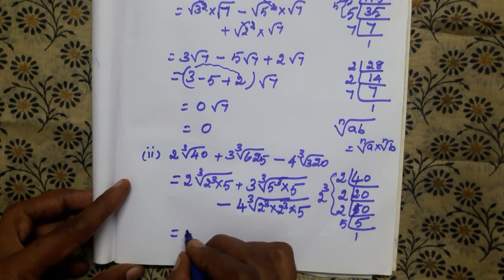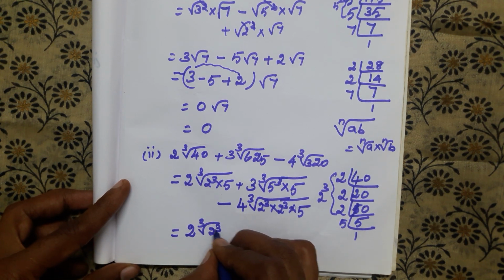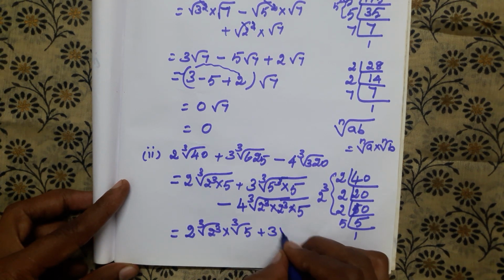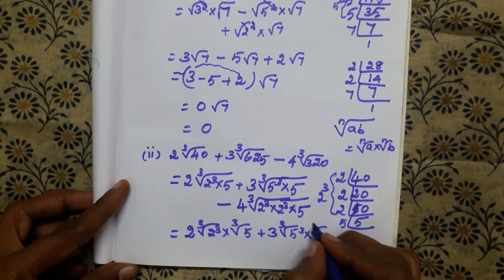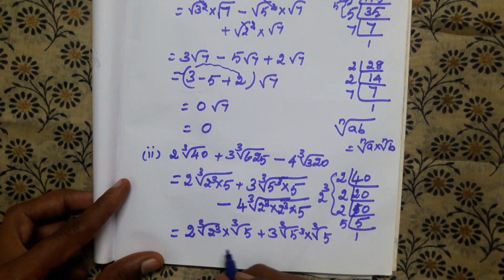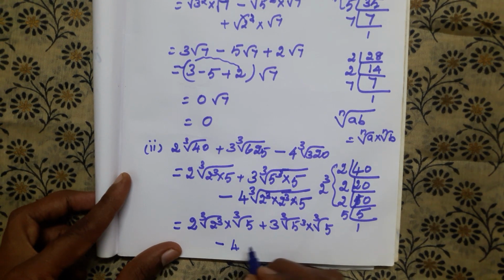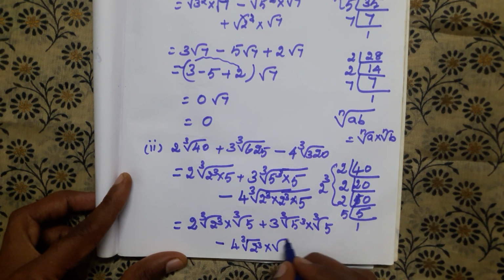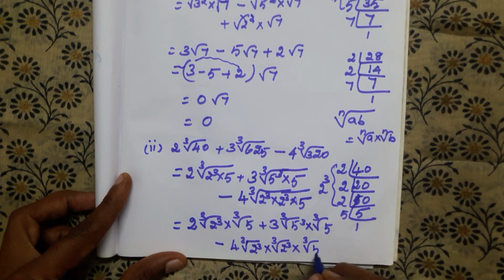It's equal to 2 into cube root of 2 cube into cube root of 5, plus 3 cube root of 5 cube into cube root of 5, minus 4 into cube root of 2 cube into cube root of 2 cube into cube root of 5.